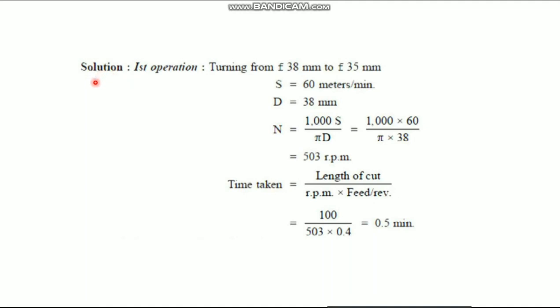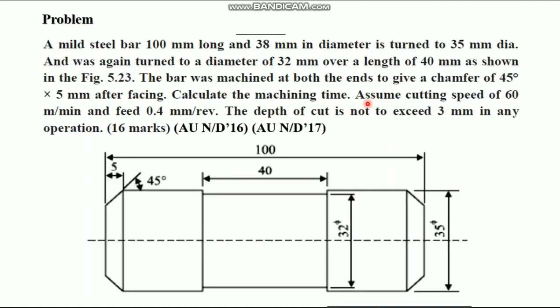So first step, practically you have to think, is turning of the bar from diameter 38 mm to diameter 35 mm. Here the bar stock size is 38 mm, but the maximum diameter of the required part is 35 mm.